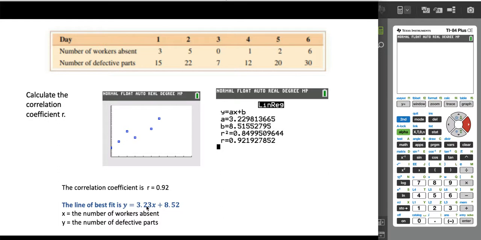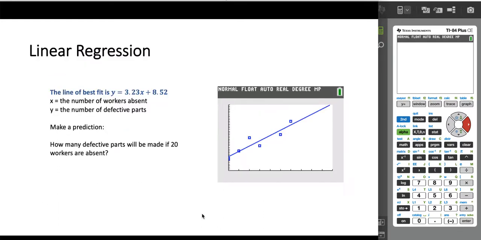I rounded it to 3.23. And B is 8.52 when I rounded it. So the equation of the line is y equals 3.23x plus 8.52. Here's what that line looks like if we were to graph it on top of our plot.